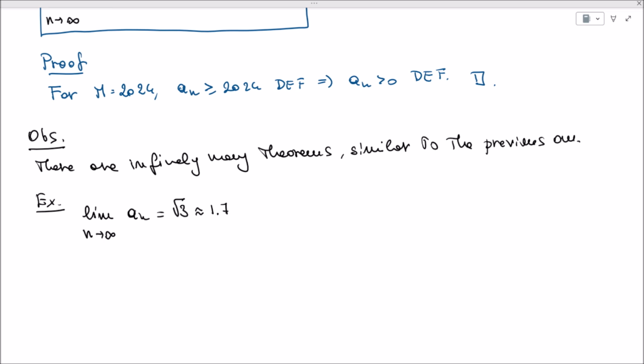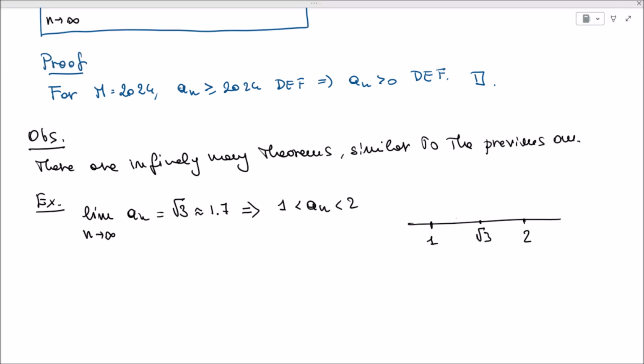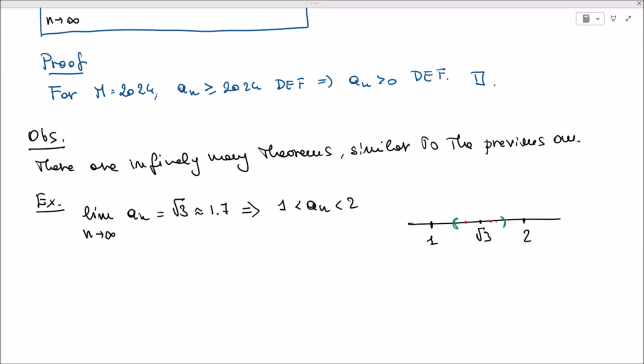Then we can certainly say that definitively an will be between 1 and 2. In fact, if this is the square root of 3, which is between 1 and 2, by a proper choice of epsilon, we know that we can identify an n0 such that after that n0 all the elements of the sequence will be within this interval.